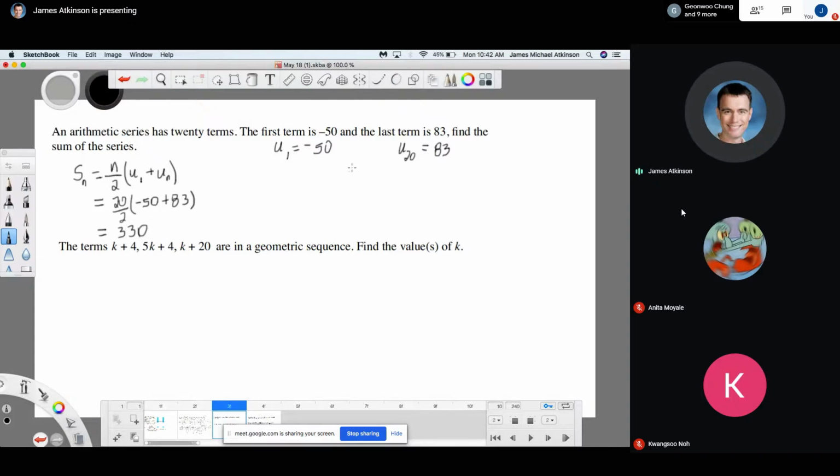But I did want to remind you that if you know what a particular term is, you could also use this formula to help you learn missing pieces of information. This is your general term of an arithmetic sequence formula.